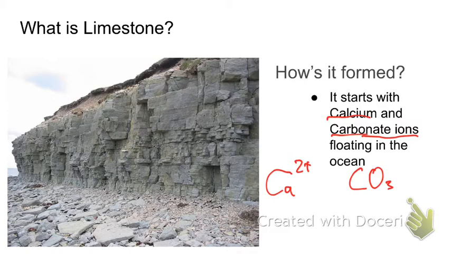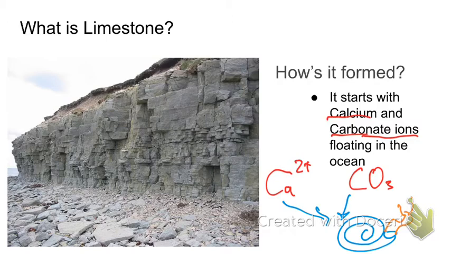These sea creatures use these two things together to form their shells. This is a shelled creature here. Maybe a little sea snail or something. So they take this element and this molecule, and they build their shells with it.